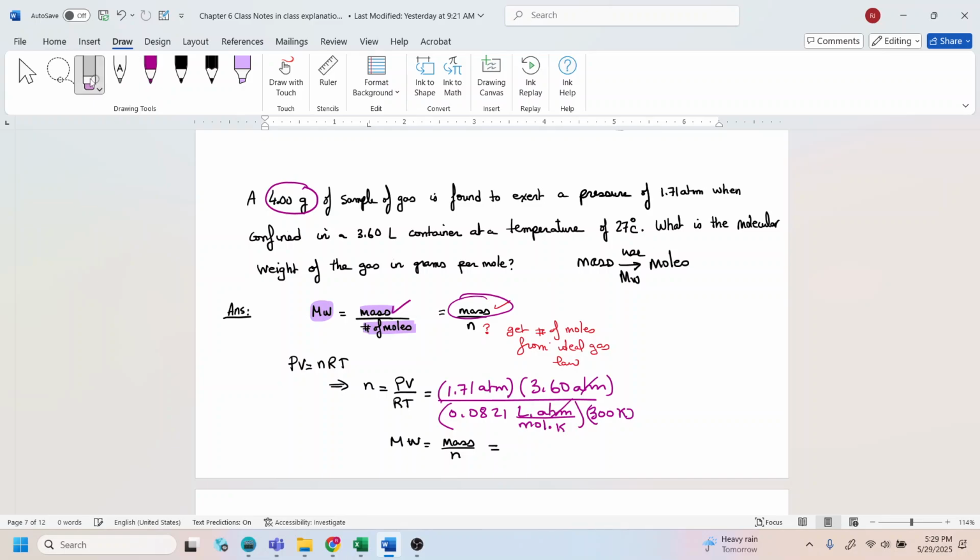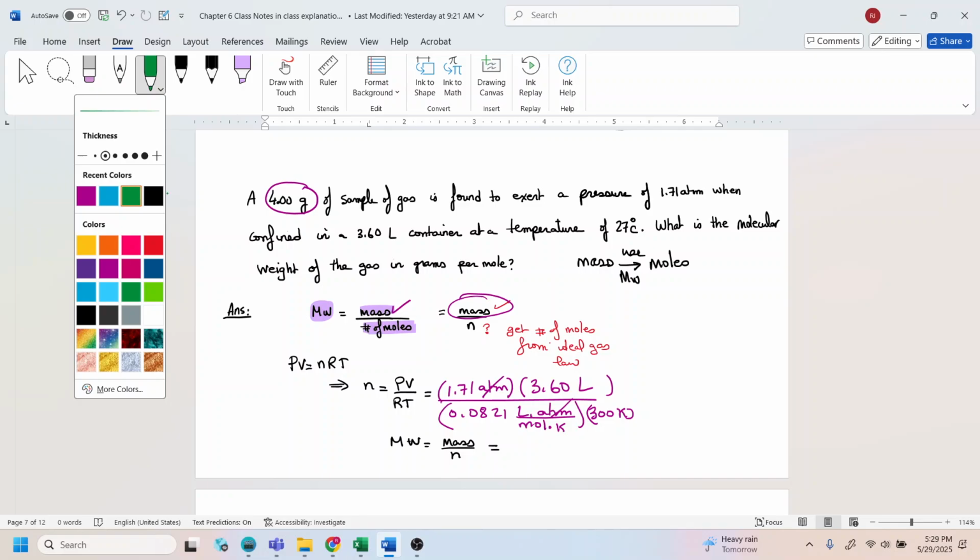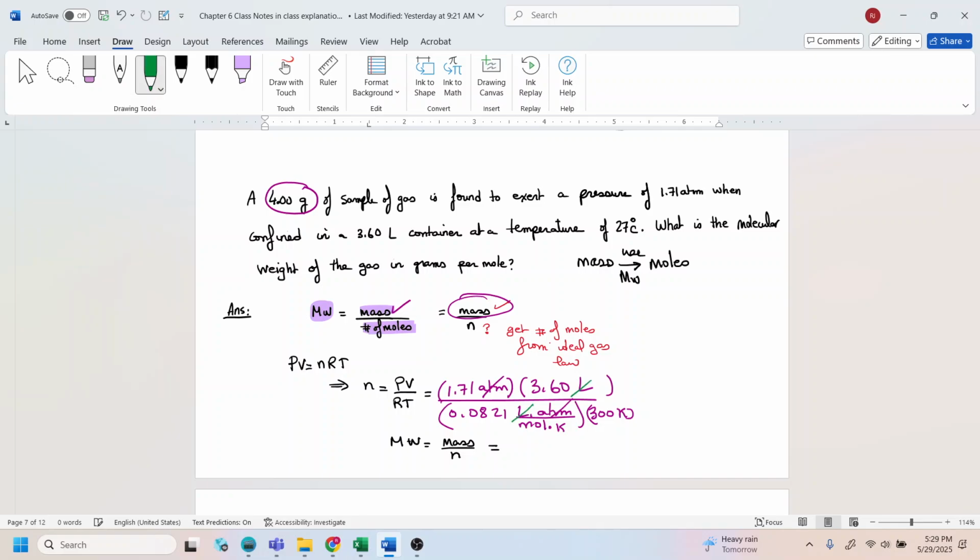Atmosphere and atmosphere will cancel. Liters and liters will cancel. Kelvin and Kelvin will cancel. So I'm only left with the moles, which is my unit in this case. So here I'm going to get 0.250 moles.